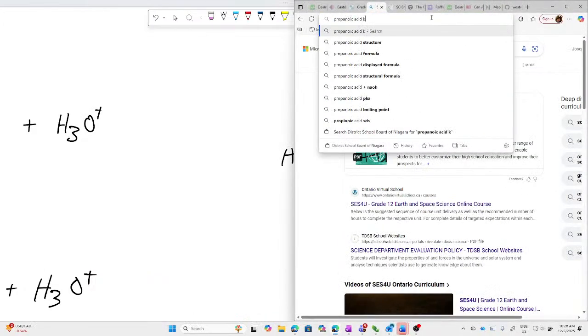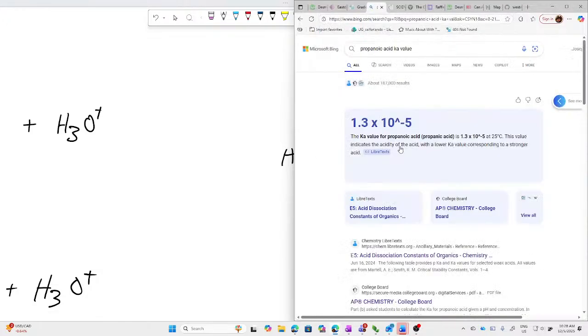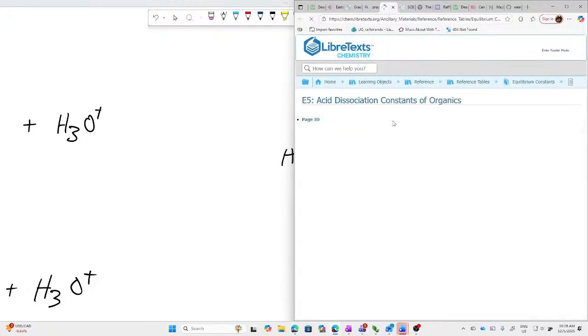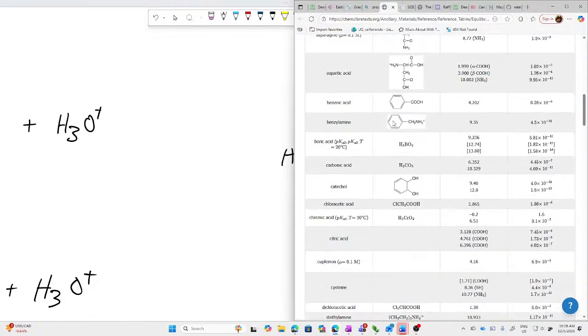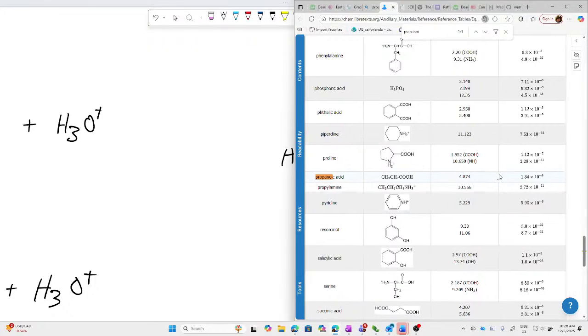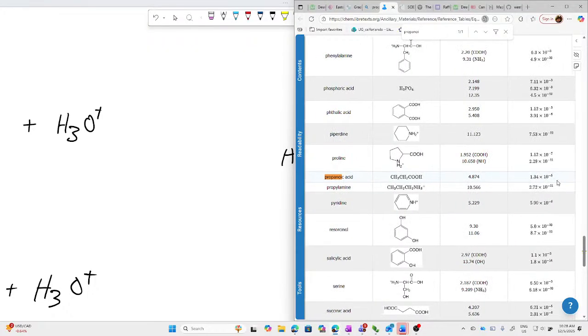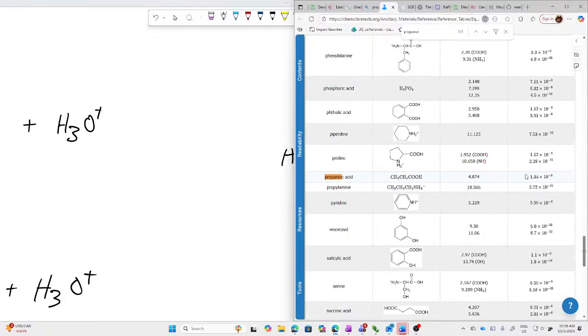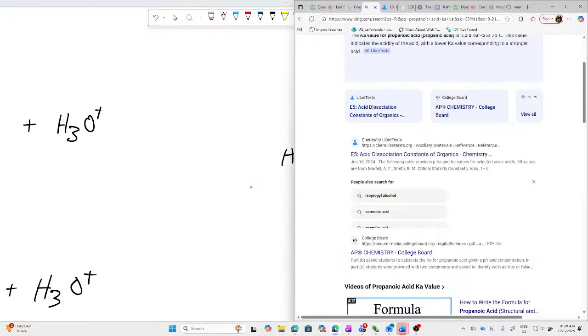Propanoic acid Ka value. We go to LibreTexts, and we look up propanoic acid. Okay, and we get a Ka value of 1.34 times 10 to the negative 5. That is already a low Ka value. Does that make sense?